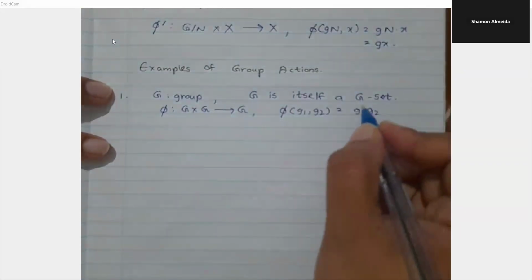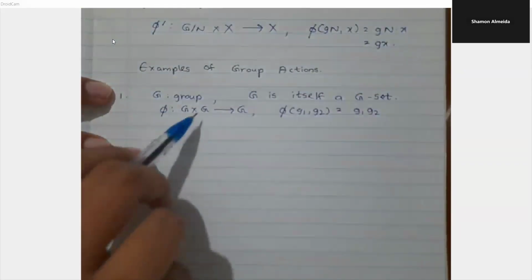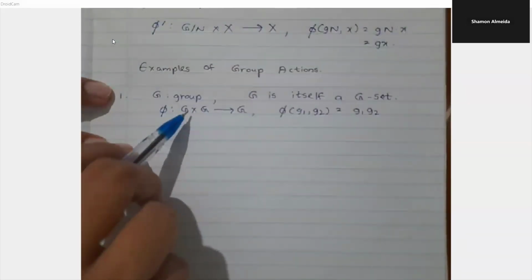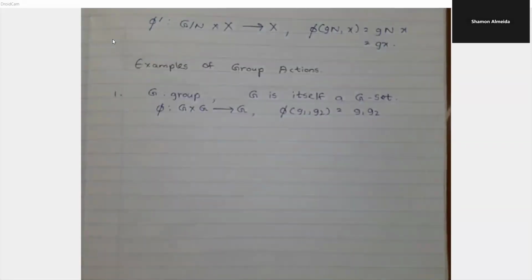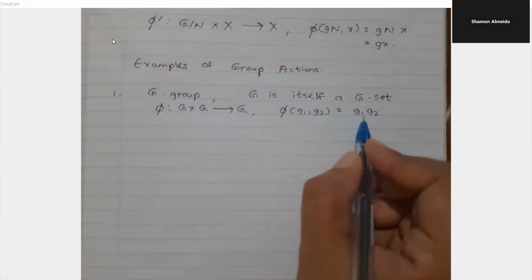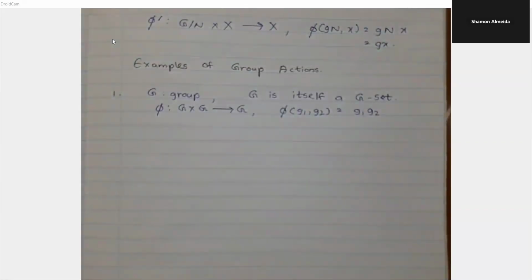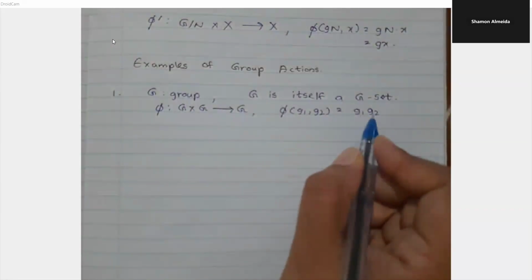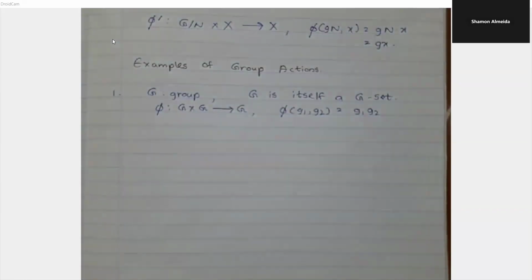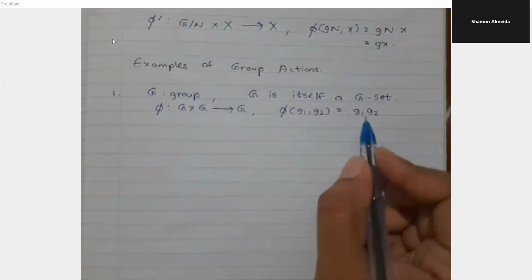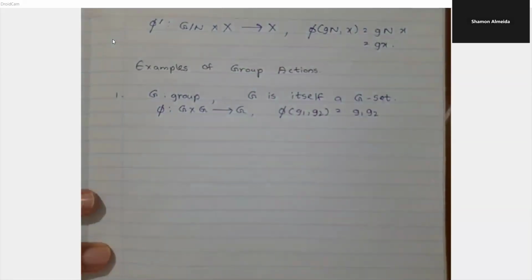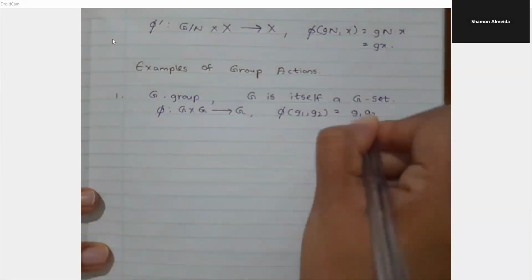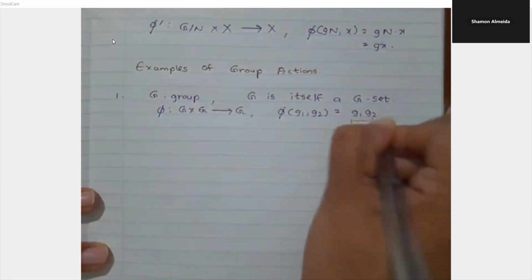When I say product in this case, take a pair of elements from G cross G. So you're taking two elements g1, g2 from G, and you simply apply the group operation, the binary operation, g1 times g2. When I say times, in this case, we are simply meaning the binary operation over G. This we simply call the left multiplication.